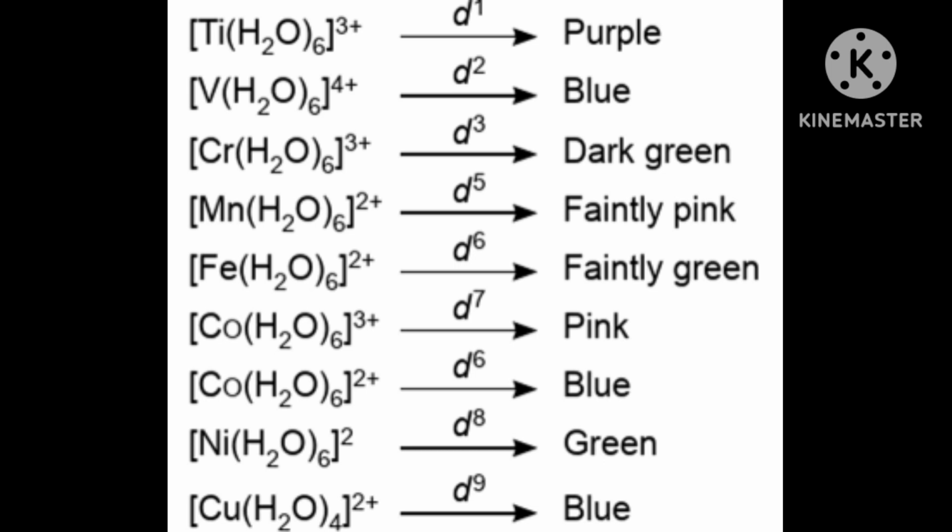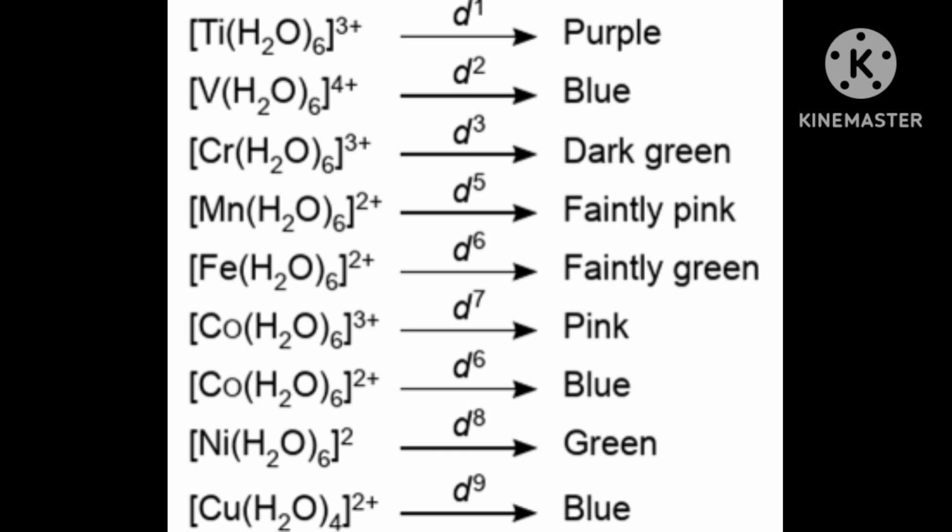Here the important thing is that for d-d transition of electrons, energy is required, and to get the energy, light is required. Each light frequency, each spectrum, has a fixed, definite color.